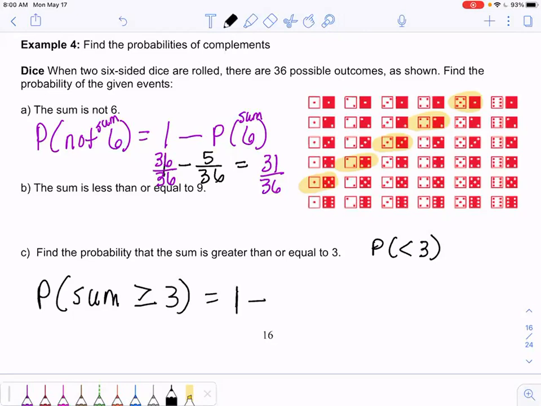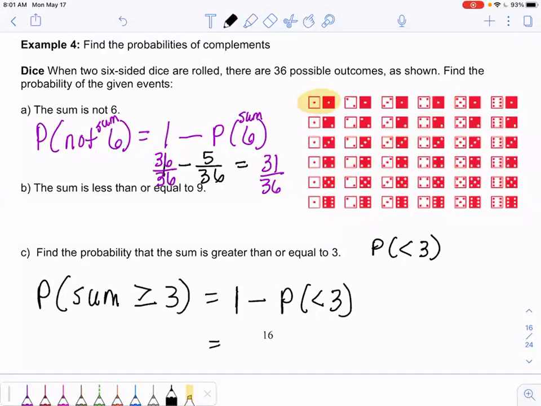So I'm going to take 1 minus the probability that my sum is less than 3. Well, if you look at these pairs of dice here, how many of them have a sum less than 3? Jane? Only one of them, that top left corner. That's the only pair of dice that has a sum less than 3.